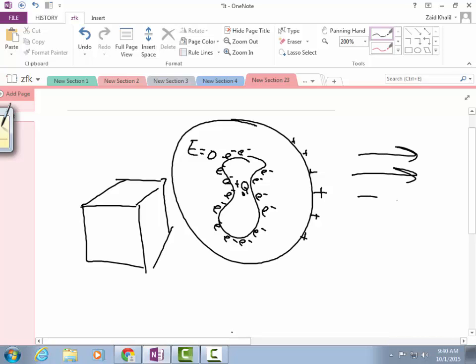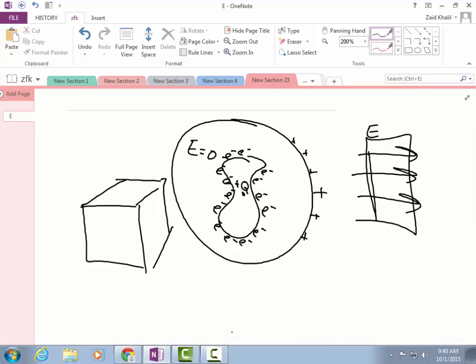Let's suppose an electric field's present inside of a conducting material. How are the individual atoms going to behave inside this material? Who's going to move? The electrons are free to move. Well, actually, everyone's free to move.